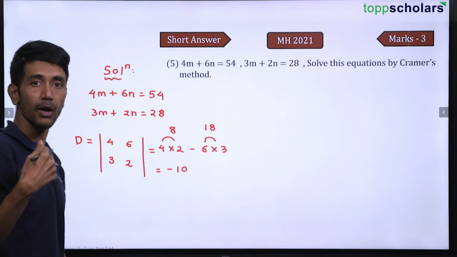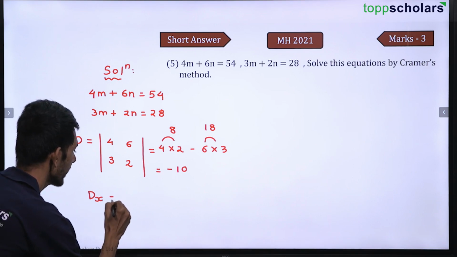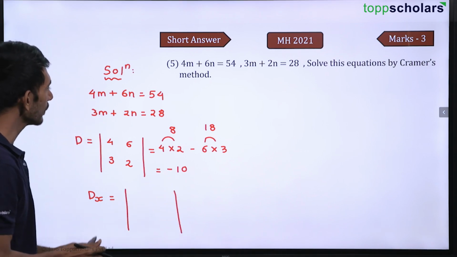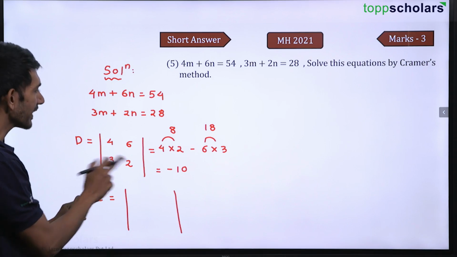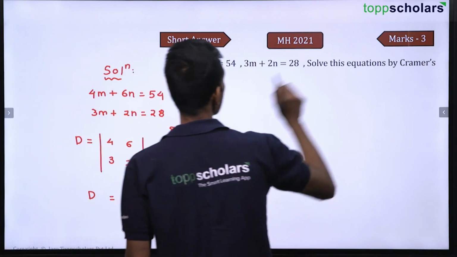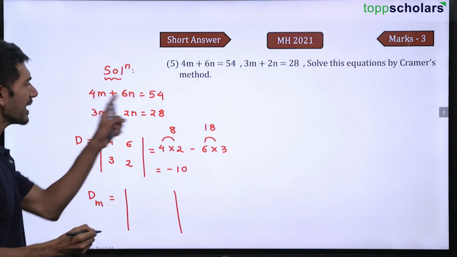Find out d. Now what you do is find out dx. Now please understand here, children, don't make mistake in finding dx, right? So when I say dx, how do we find that out? See, instead of x and y, we have m and n, okay? So let's call this dm. I'm calling this as dm instead of dx because we have m and n.